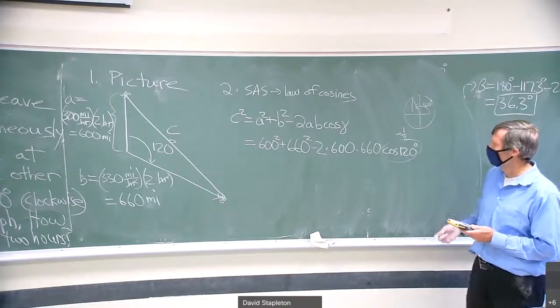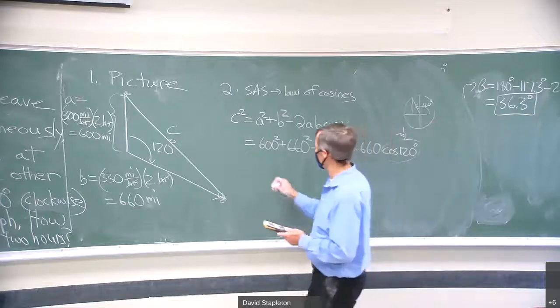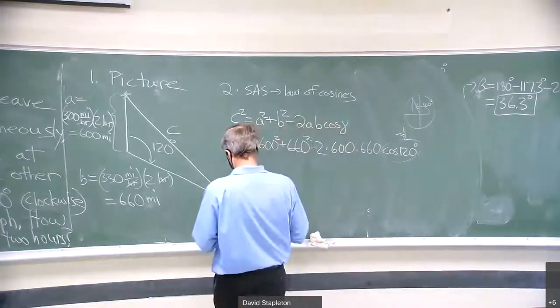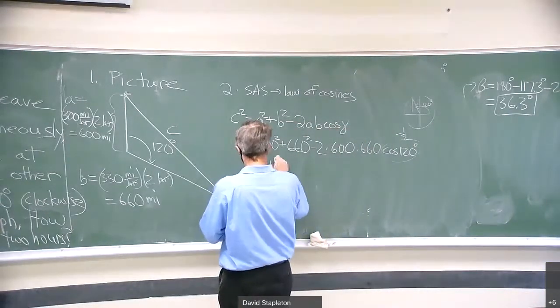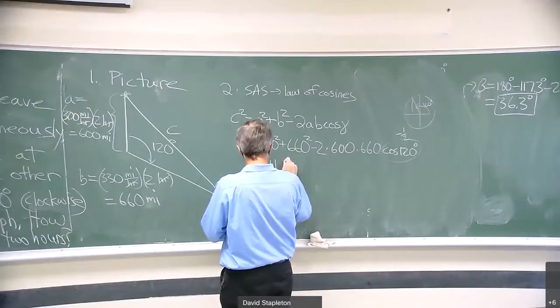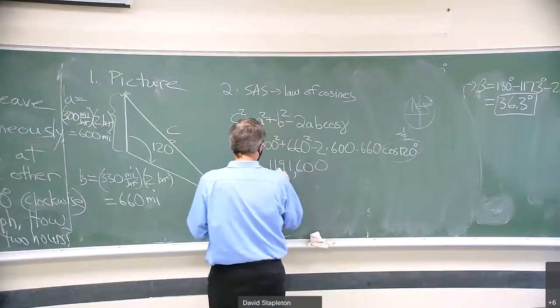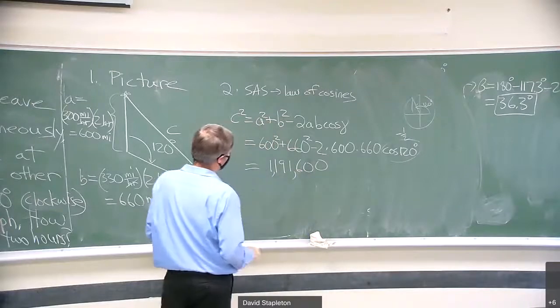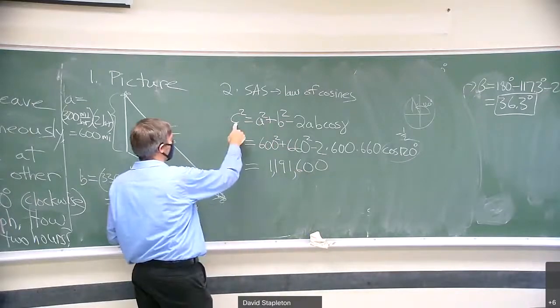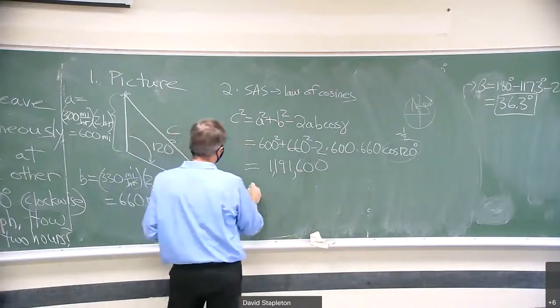Yeah, we can check on our big display, our programmable calculator here, and we find out that we get 1,191,600 miles squared. That's C squared.